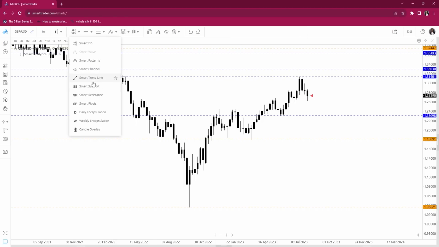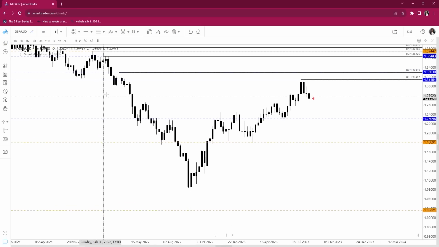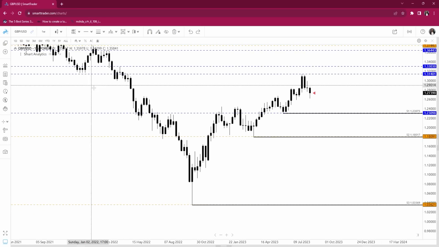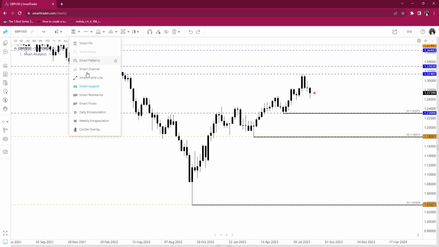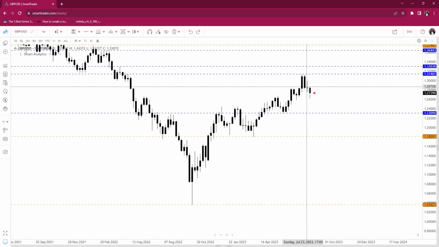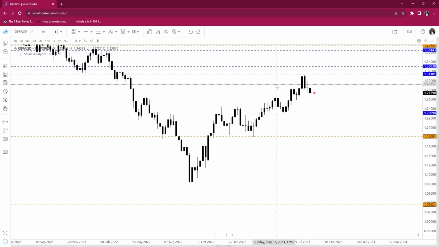So let's double check. So we are good on that. And then we check the support. We're good there too. So now, still on the weekly, the last 3 weeks, price has been coming to the downside once it respected that weekly level of resistance.